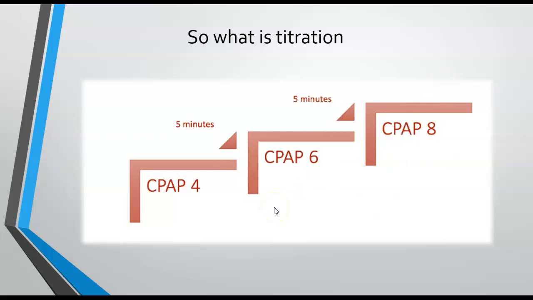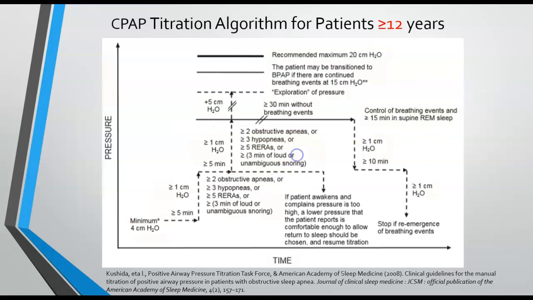So how do you do that? According to the practice parameters guideline published by Kushida et al. in 2008 in the Journal of Clinical Sleep Medicine, the CPAP titration algorithm for adults, that means more than 12 years, says like this.